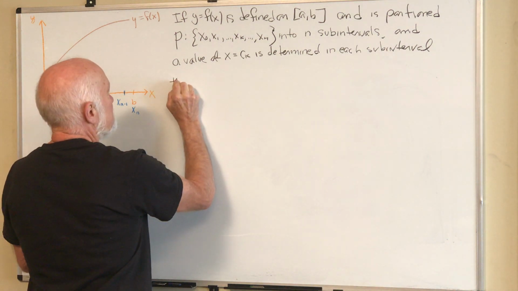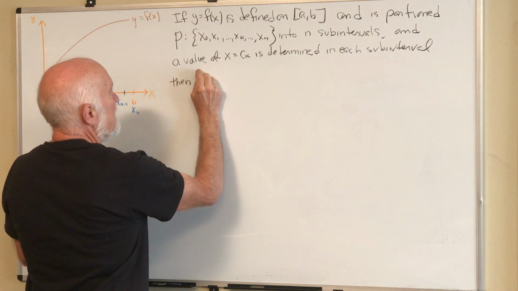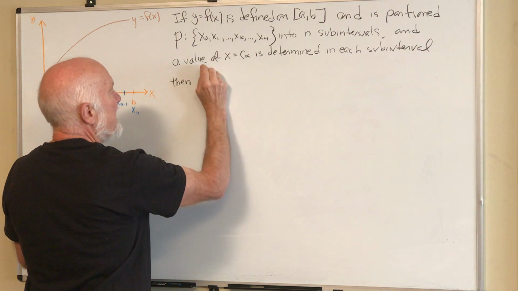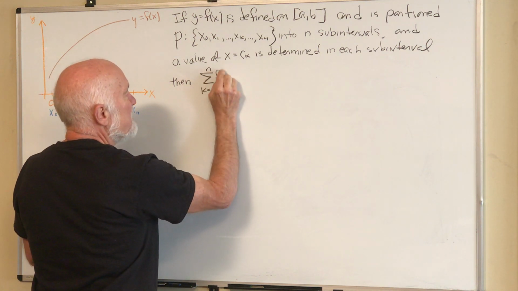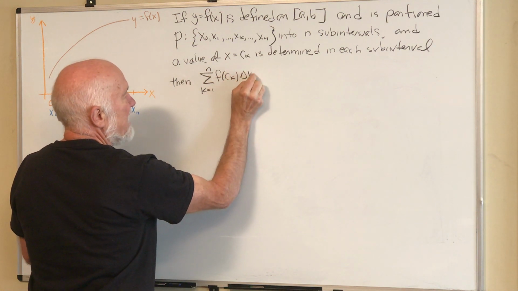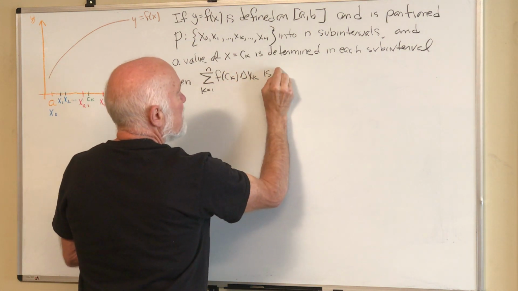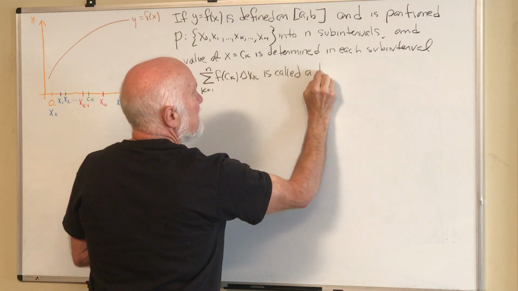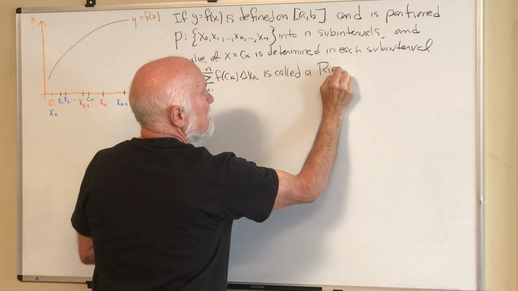Then the summation from k equals 1 to n of f of c sub k delta x sub k is called a Riemann sum.